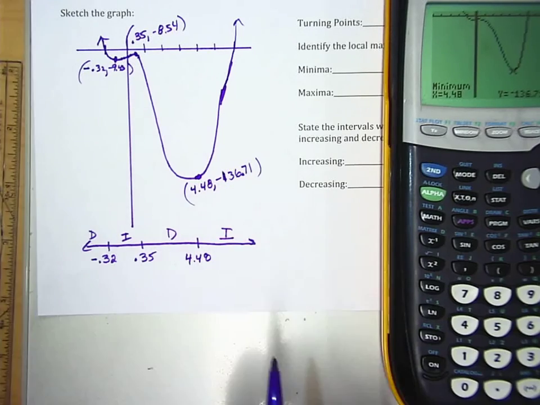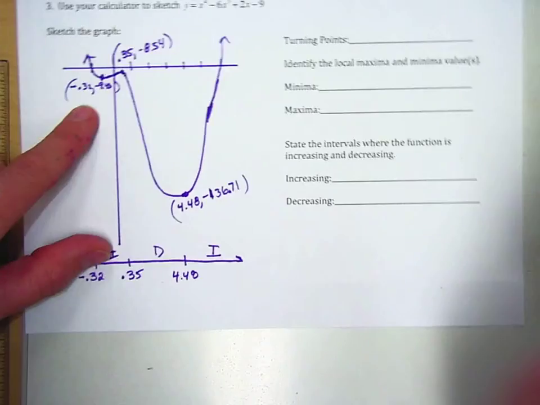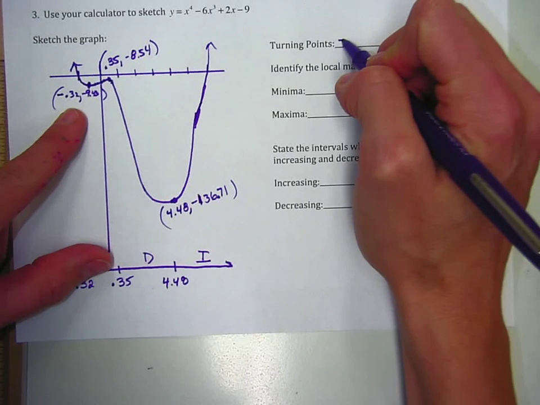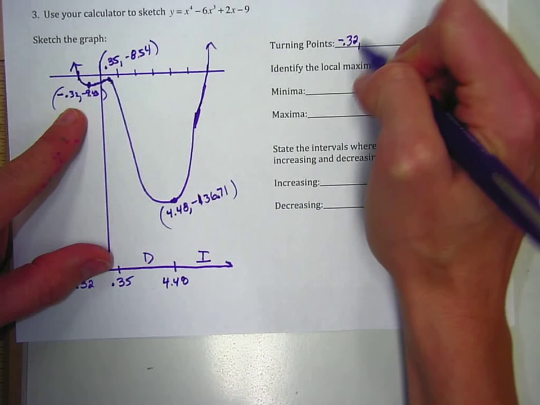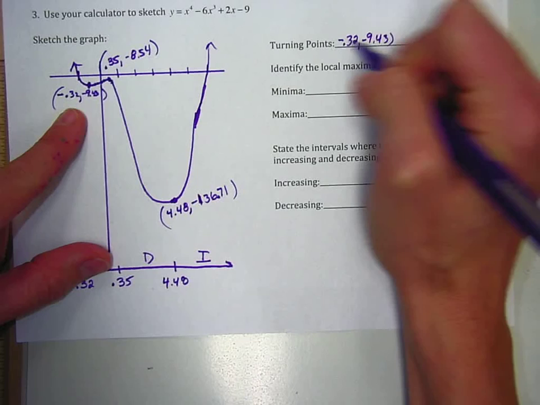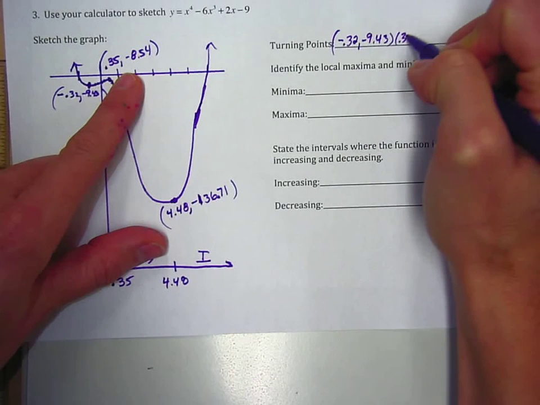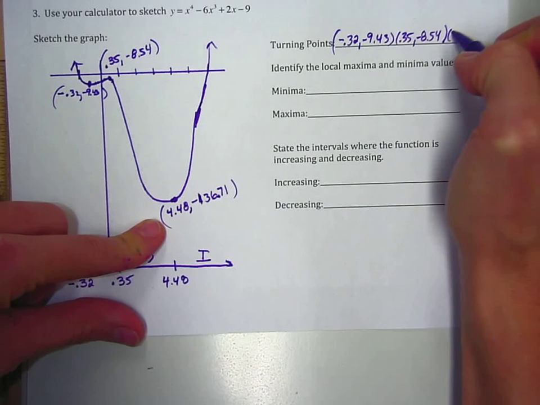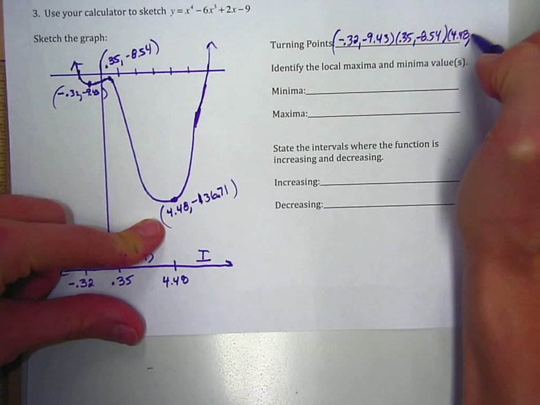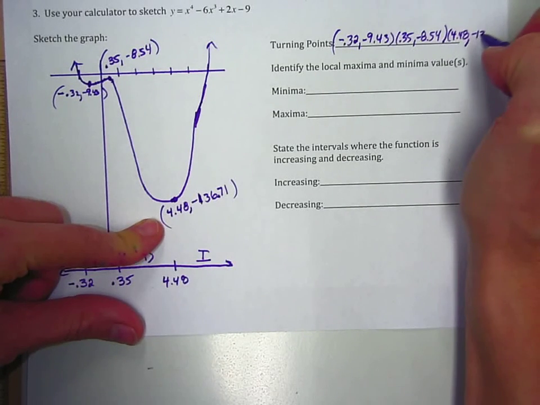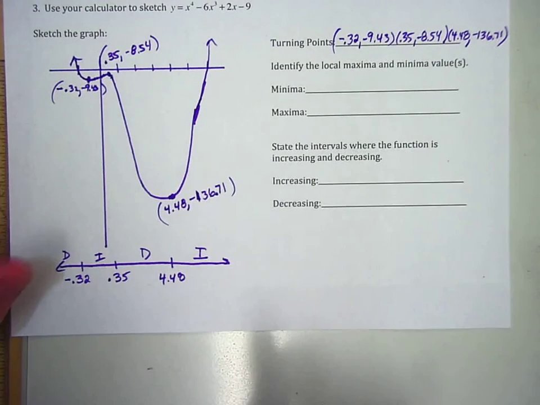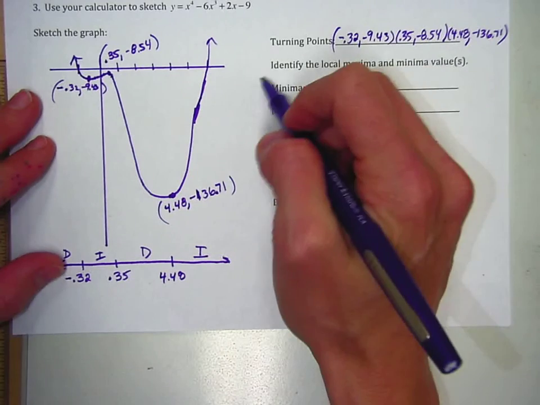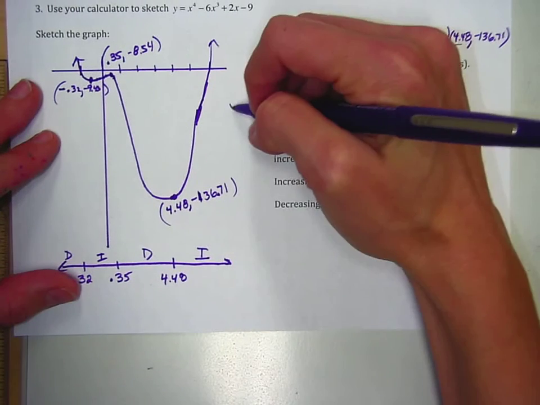So I have my 3 turning points: -0.32, -9.43; 0.35, -8.54; and 4.48, and then -136.71.